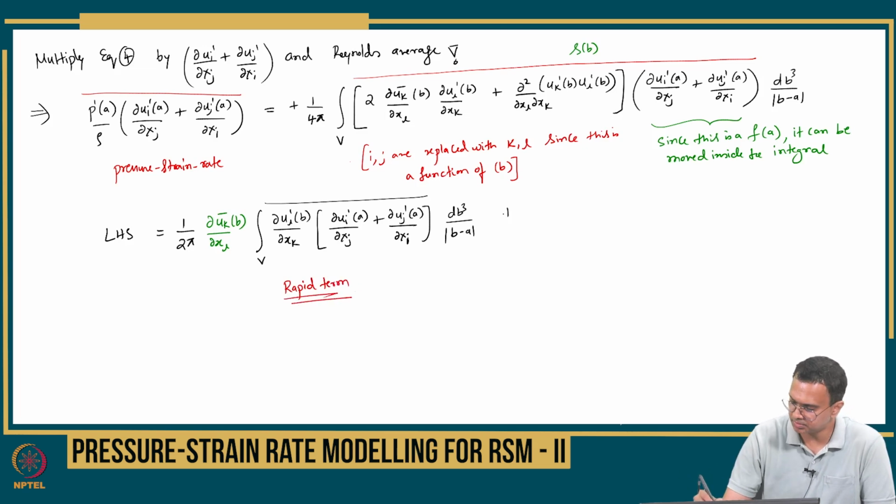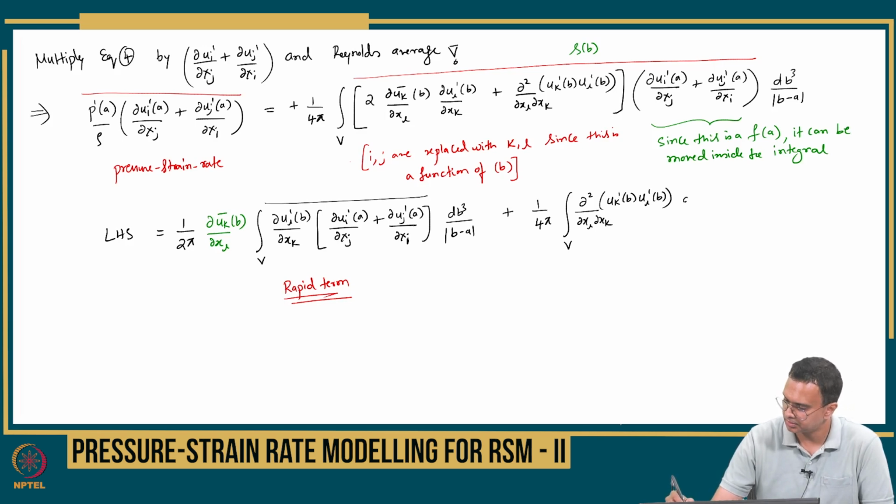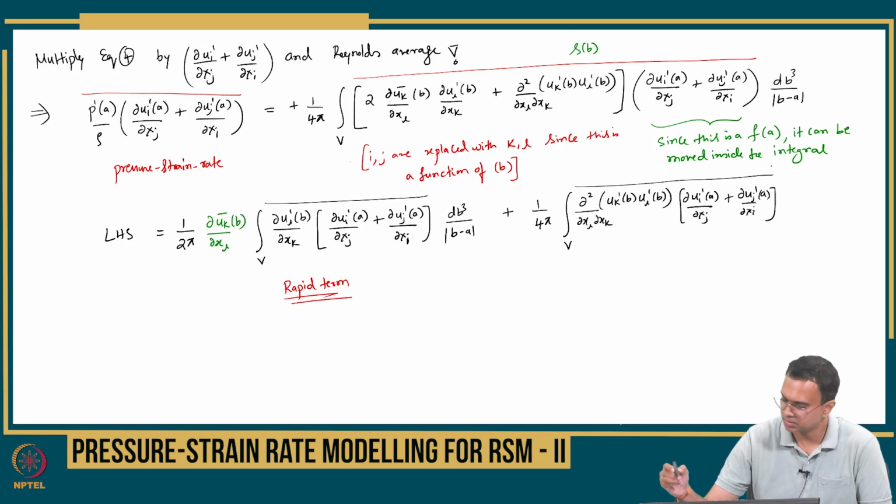and then the slow term, which is plus 1 by 4 pi of integral v, dou square by dou xl dou xk of uk prime of b, ul prime of b, multiplied by dou ui prime of a by dou xj plus dou uj prime of a by dou xi, average dvq by b minus a.